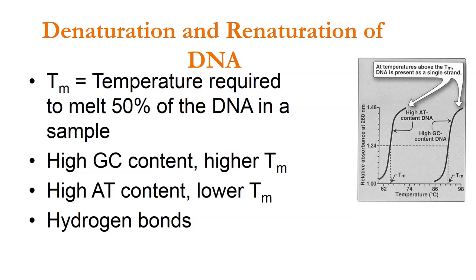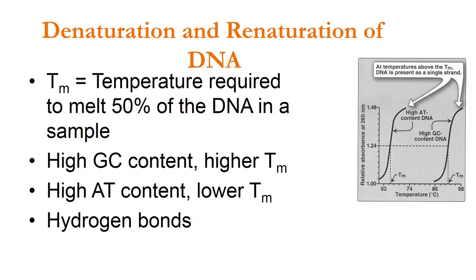And this is determined, as you can see by the y-axis here, using a spectrophotometer to determine where that 50% breakage occurs. Single-stranded DNA and double-stranded DNA read a little bit differently in the spectrophotometer, so that's how you can determine that. That part is just FYI. What I want you to be able to do is actually interpret these graphs, okay?